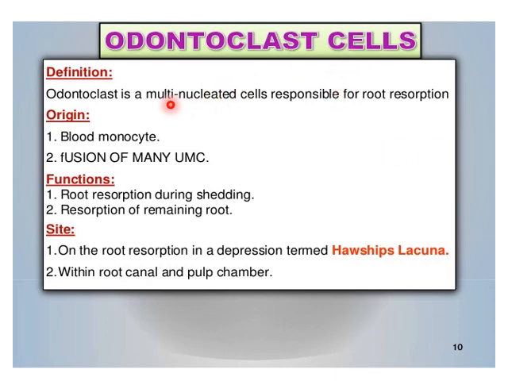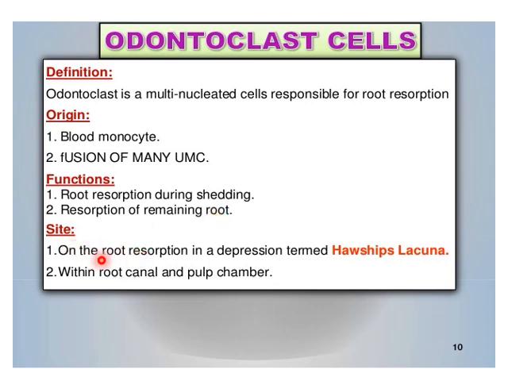Odontoclast cells are multinucleated cells responsible for root resorption, originating from blood monocytes by fusion of many monocytes. This forms the multinucleated odontoclast cells. The function of the cells is root resorption during shedding and resorption of the remaining root, including the pulp and periodontal ligament.